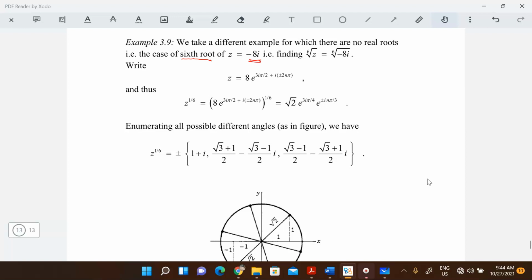You have to remember now that exponential i 2 pi is 1. If I take exponential i pi, it's cos pi plus i sine pi. I sine pi is 0, and cos pi is what? Anyone?